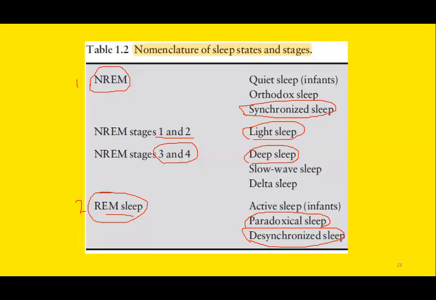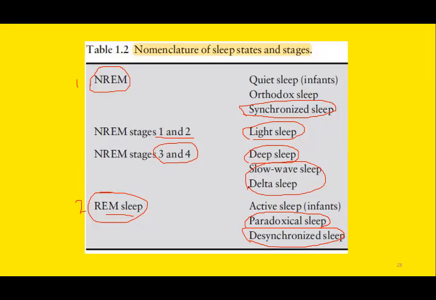Other names for non-REM sleep, especially stage 3 and stage 4, are delta sleep or slow wave sleep. So these are the different terminologies we frequently use whenever we describe the two types of sleep.